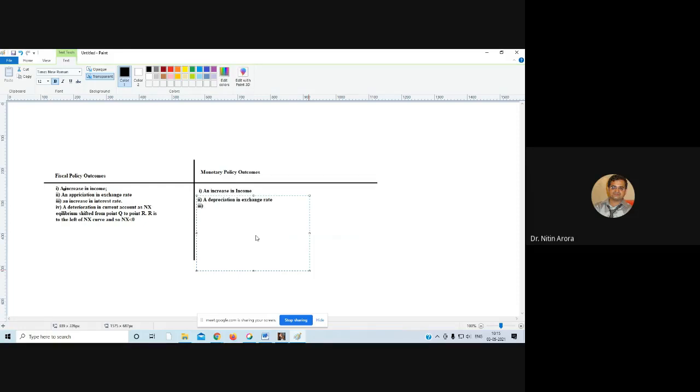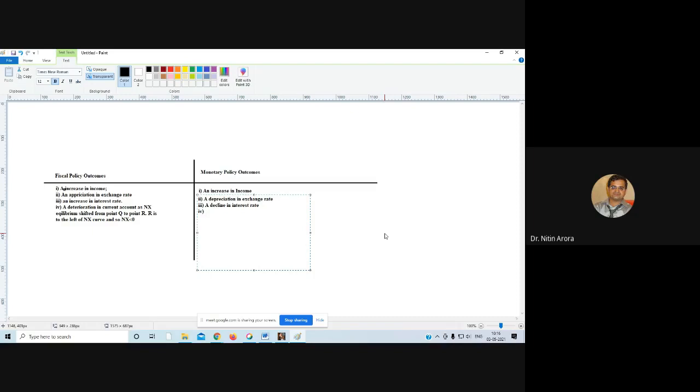Third point, impact on interest rate was a decline in interest rate. The decline in interest rate means it will positively affect the private investment. Okay. The decline in interest rate is always expansionary.